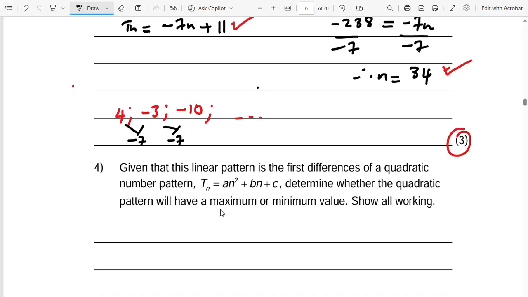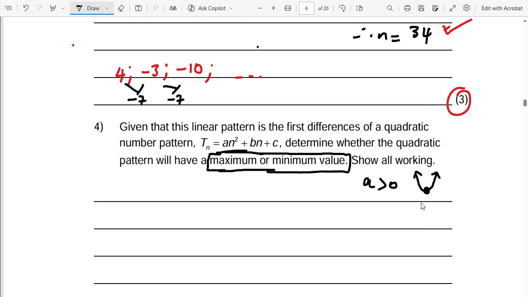Let me first explain what they are asking you to do. When it comes to quadratics, how do we know about minimum and maximum? We look at the value of a. Remember, in quadratic functions, if a is greater than 0, your graph will have a happy face, meaning concave up, and it has what we call a minimum value.